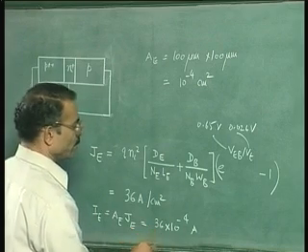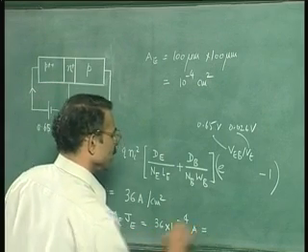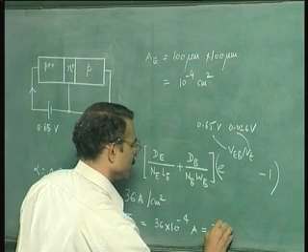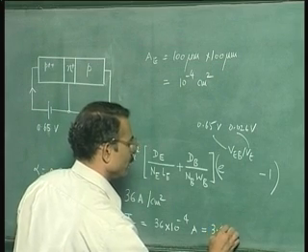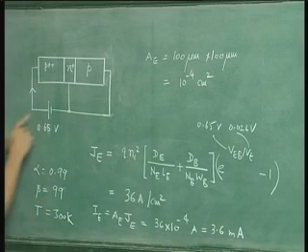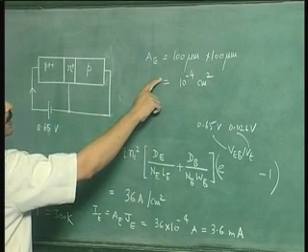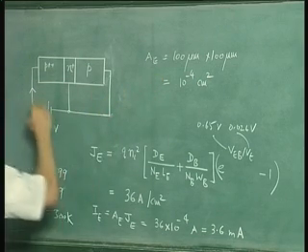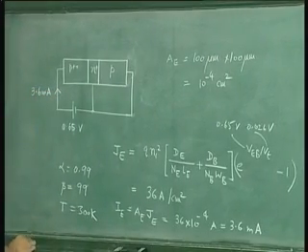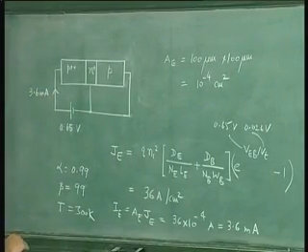So 36 into 10 power minus 4 amperes, which is equal to 3.6 milliamperes. So we will assume this as the emitter area, then the current here would be 3.6 milliamperes. So emitter current of 3.6 milliamperes will be flowing here.